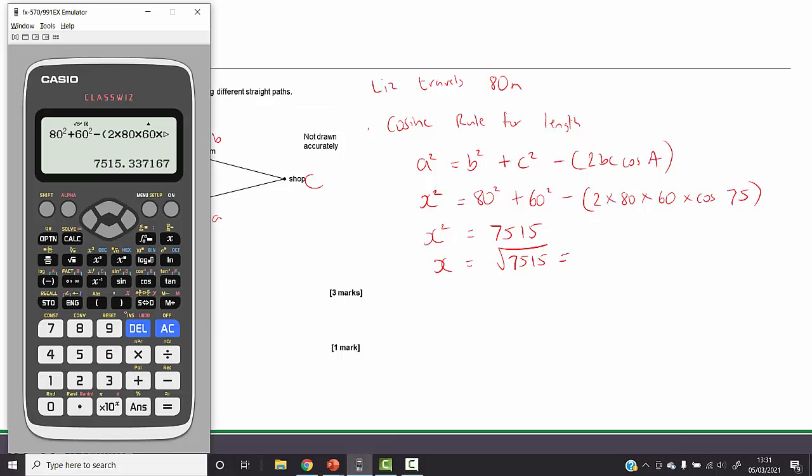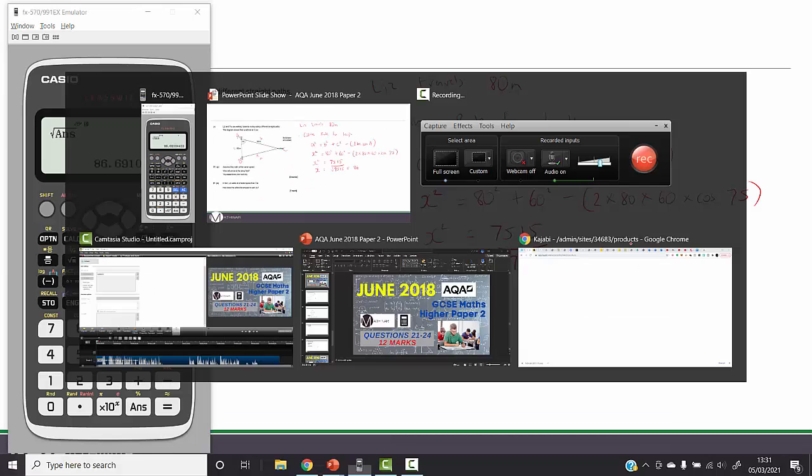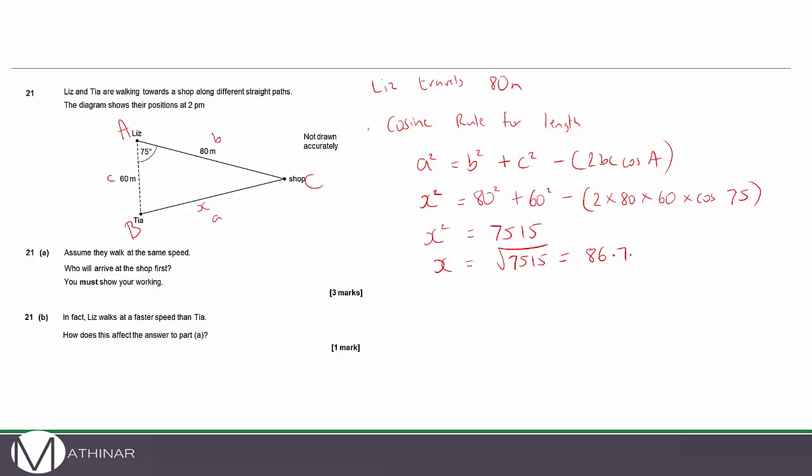So just type in square root answer. And this gives me 86.7 meters. So Liz travels 80 meters and Tia travels 86.7 meters.